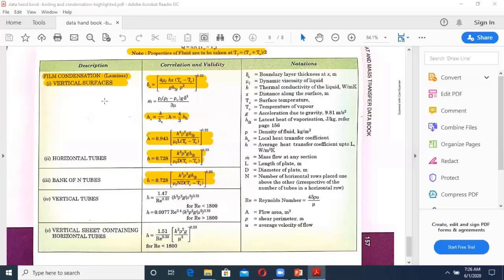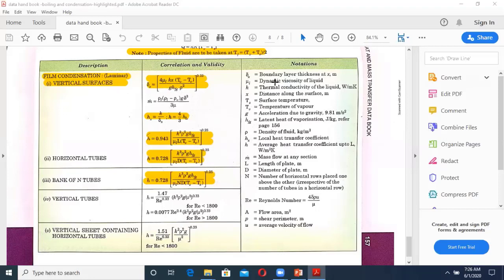You can see here the data handbook, you go to this table, film condensation, and under that you go to vertical surface. For the vertical surface, they have given delta x is equal to [4 mu L k x (T_v minus T_s) divided by g h_fg rho squared] whole power 0.25.